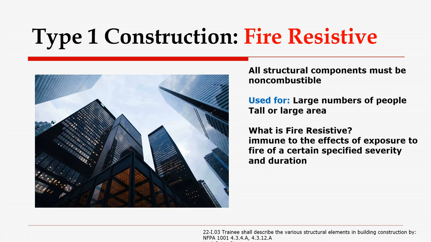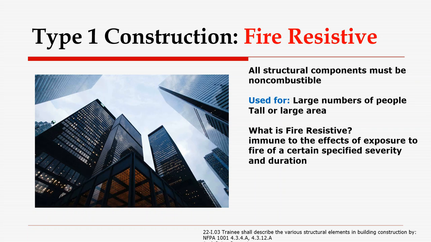Type 1 construction is also known as fire resistive construction. All structural components must be non-combustible. It's used for buildings that house large numbers of people or that are tall or large in area. Think of downtown Houston. Think of the World Trade Centers. So what is fire resistive?